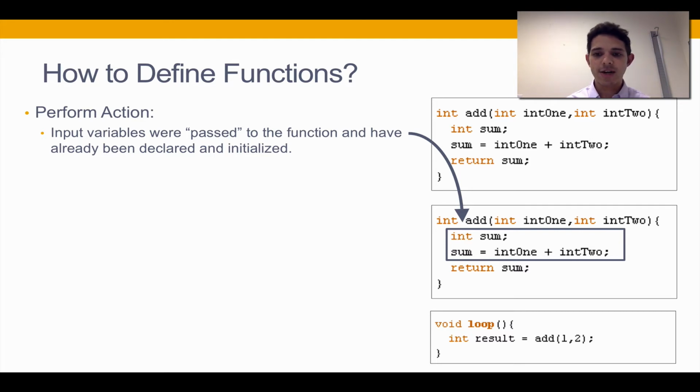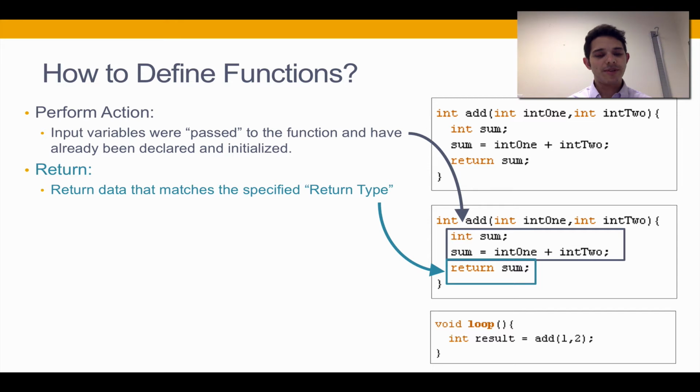So what you can see here between the braces, which is the meat of the function, is I'm going to define a variable called sum. It'll be of type integer. And note that we do not initialize it, so we're just defining this variable of data type integer. And then on the next line, we will assign into the variable sum the summation of int1 and int2, semicolon.